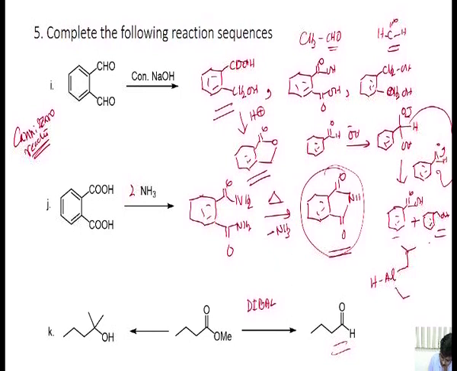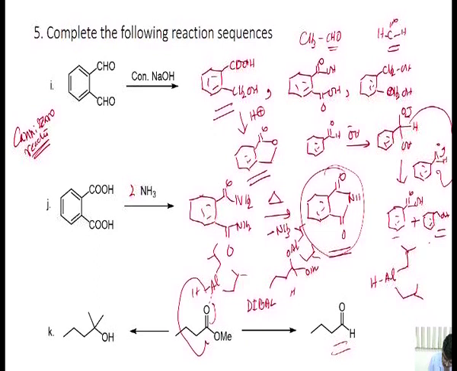So diisobutyl aluminum hydride can undergo reaction to give this intermediate.